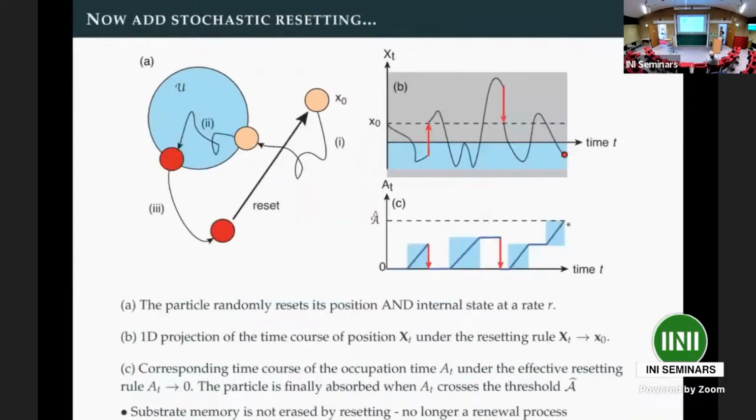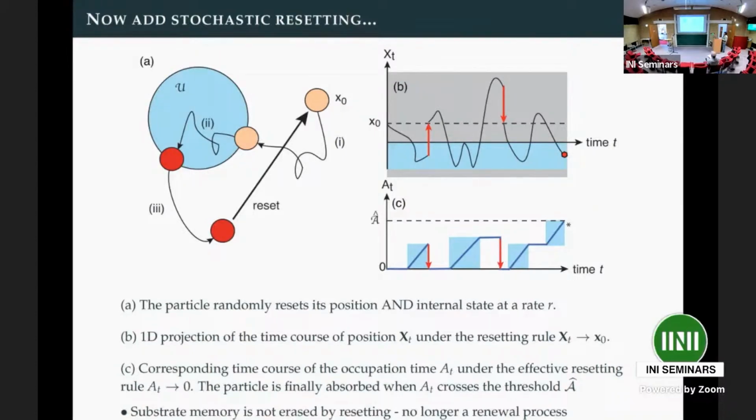But the way I was thinking about it in this context is that now let's add reset. And this is why I think thinking about these problems in the abstract can be helpful, because it can at least organize ideas that maybe could be tested if someone was interested. Because if you have reset, it makes sense, at least in this abstract world, that you could not only reset the position, but also reset the internal state of the particle.